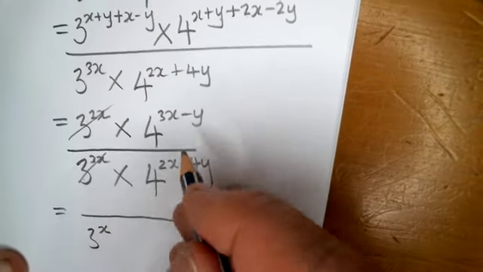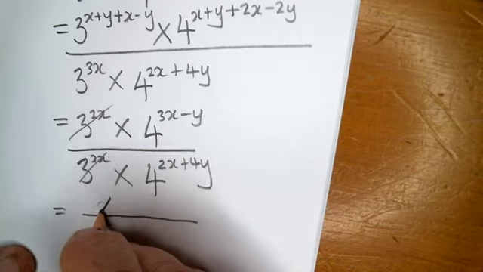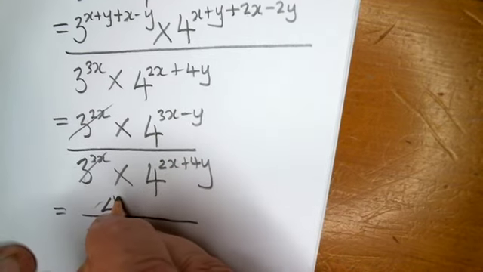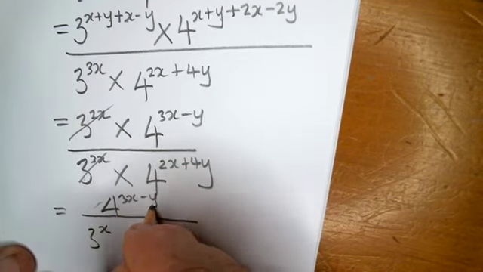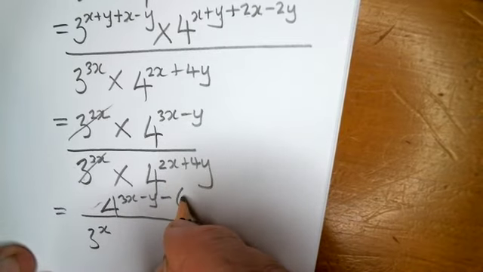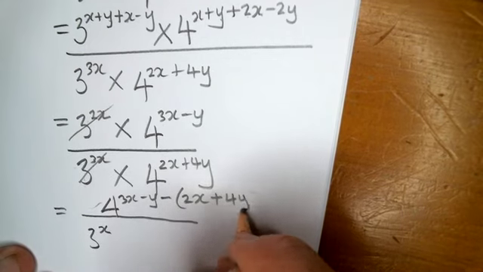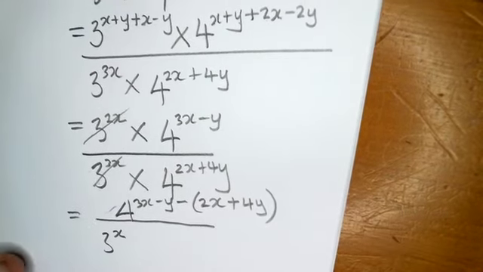Over here, I'm going to write this on the top. That's going to be 4 to the power of 3x minus y, and then it's going to be minus the whole of that bottom, minus 2x plus 4y. All right, let's see how that plays out.